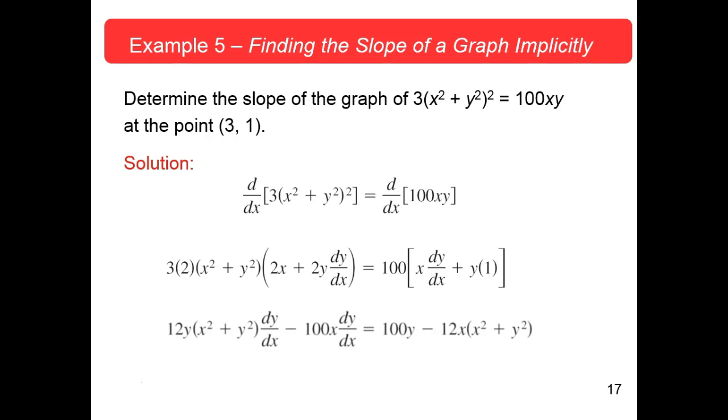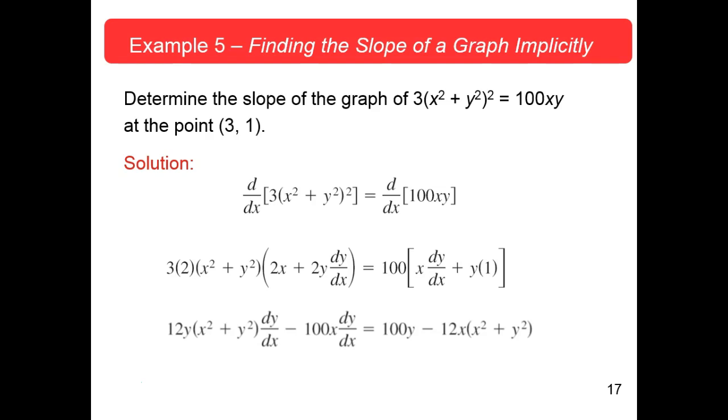This is a 6 times 2 is 12. X on the outside times x squared plus y squared on the inside. So they subtracted this part over there, and on here we have the 12. 6 times 2 is 12y times this part here, x squared plus y squared times dy dx.